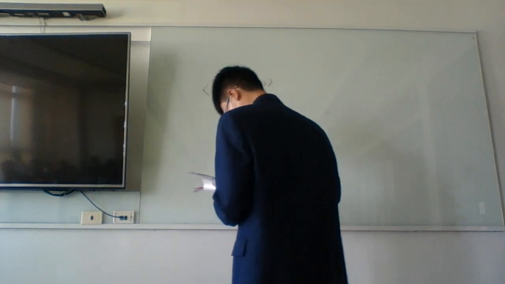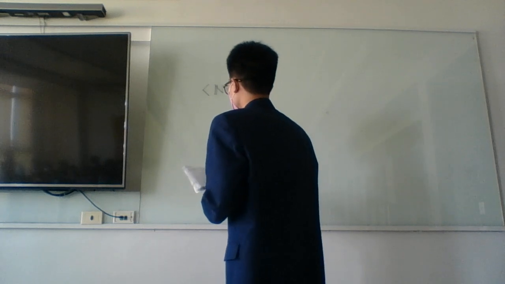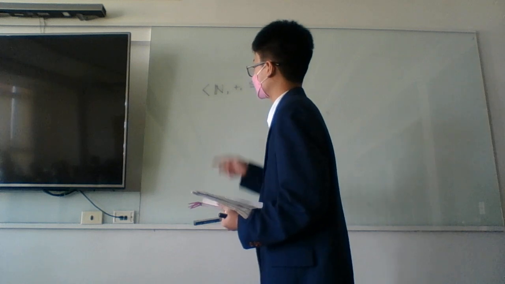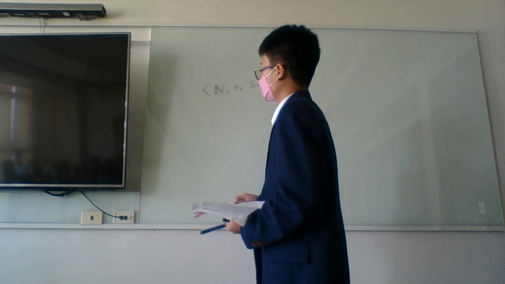So where do we begin? Let's begin with the Peano axioms. So what's the first axiom that we want to establish when it comes to natural numbers? Well, mathematicians can argue that 0 is an element of the naturals, so it's also a natural number.